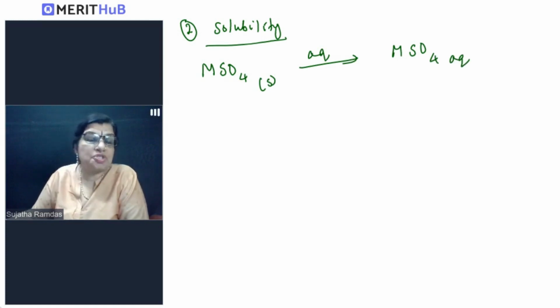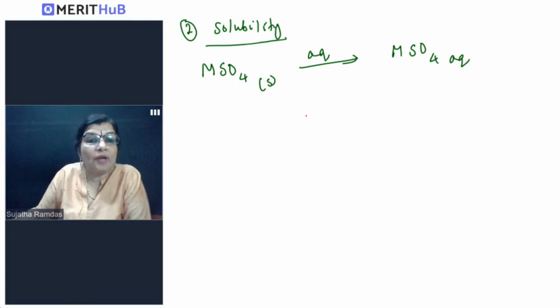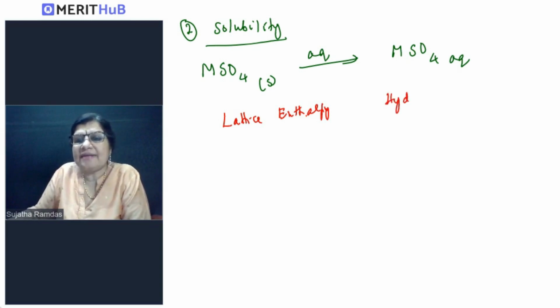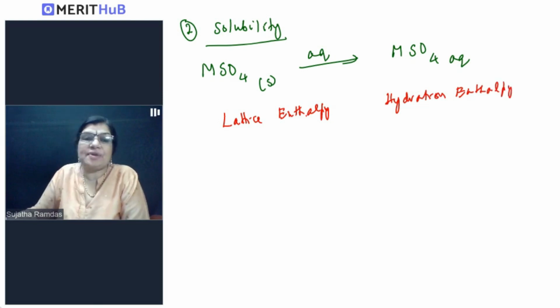Now, this dissolution or the solution enthalpy depends upon two important enthalpies, which is lattice enthalpy and the other is the hydration enthalpy, right? So the solubility depends upon lattice enthalpy and hydration enthalpy. Why lattice enthalpy?